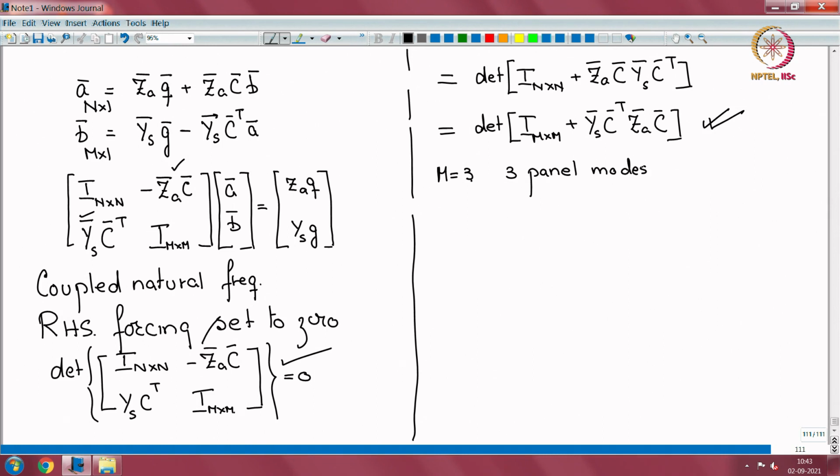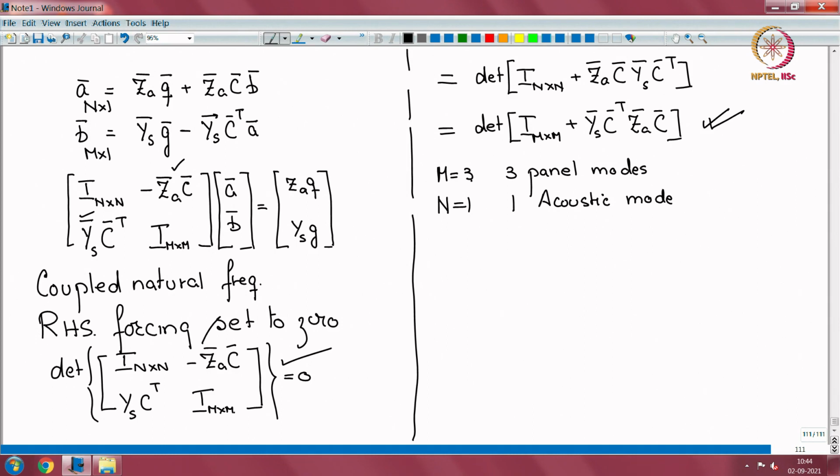It is an approximation, so we can consider as many modes in acoustics or panel as we want, because you deal with the modal sum, you truncate somewhere. So you can consider as many as you want as a study to begin with. So we will take now n equal to 1, which is one acoustic mode.